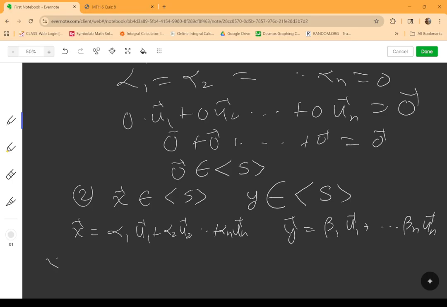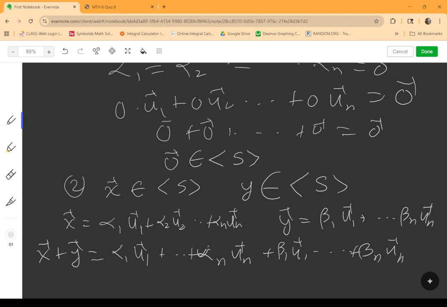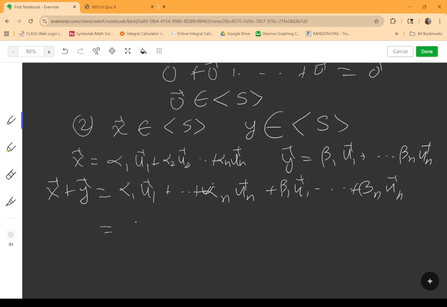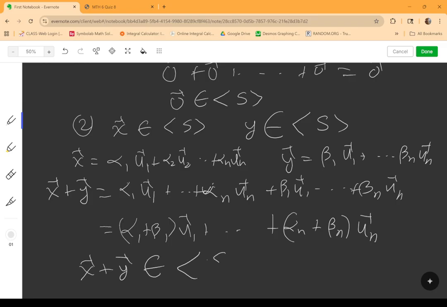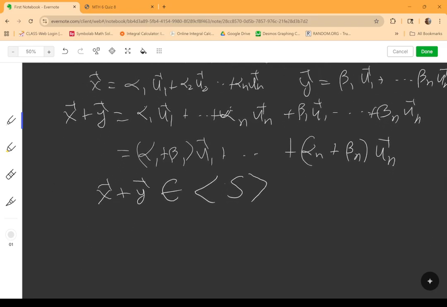Looking at the sum, and rearranging the terms and factoring out the vectors, we have just another linear combination of the vectors in S. So x plus y is an element of the span of S, hence it is closed under vector addition.